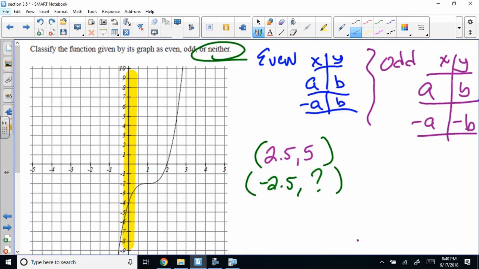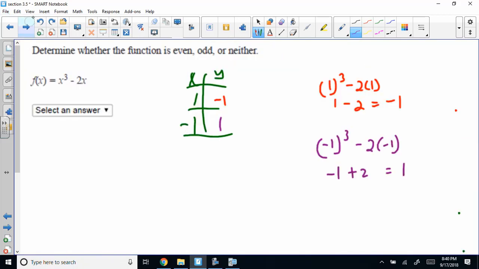It doesn't matter if the negative's up top or the negative is down in the bottom for an output. Is that better? So for an odd, you're looking for the same outputs, but different signs.